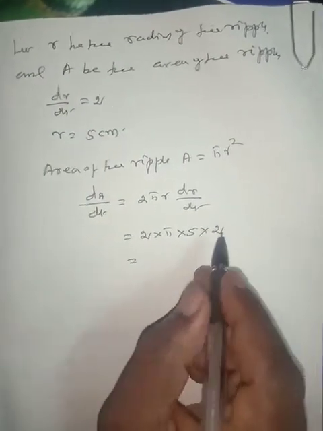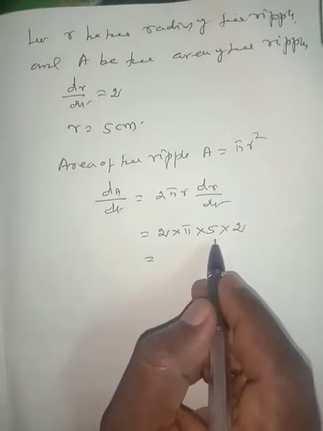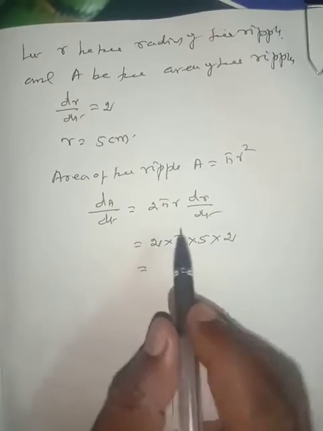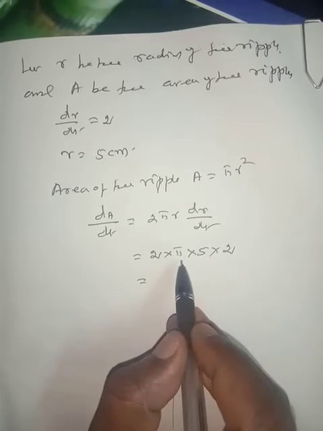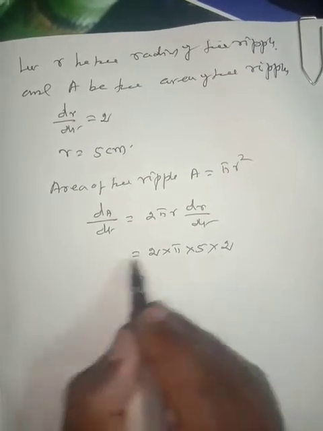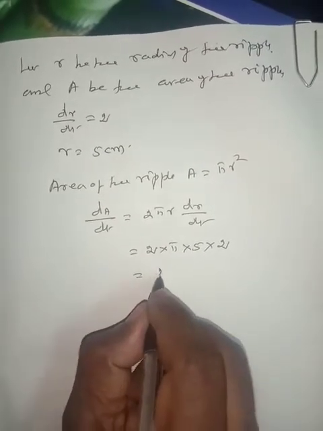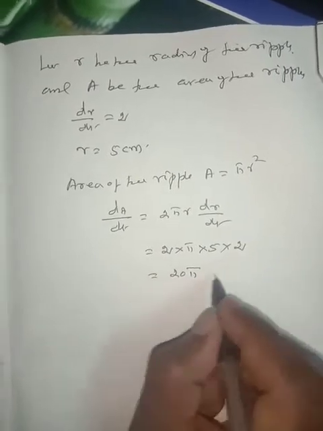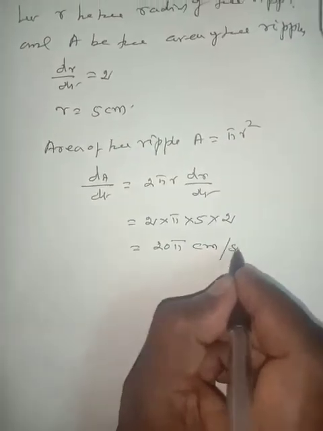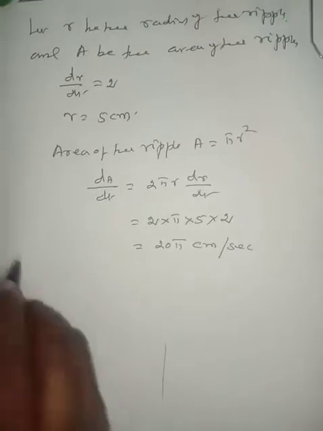Therefore, 2 into 5 into 2 is 20, so 20 pi centimeter square per second.